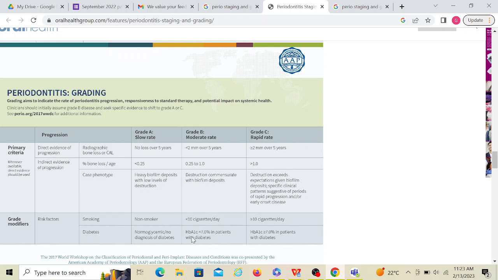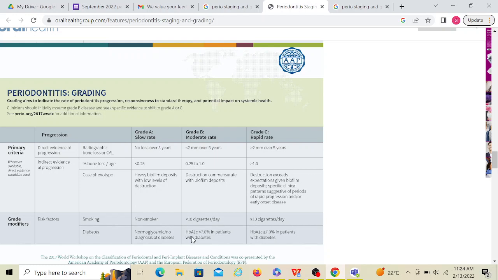Do you have diabetes? He says no. I move him to grade A. So whatever stage I have decided after examination, I'm going to write grade A, which means that whatever stage he has, he has a low risk for the progression of that stage. Understood? Simple, clear. Now I move on to grade B.